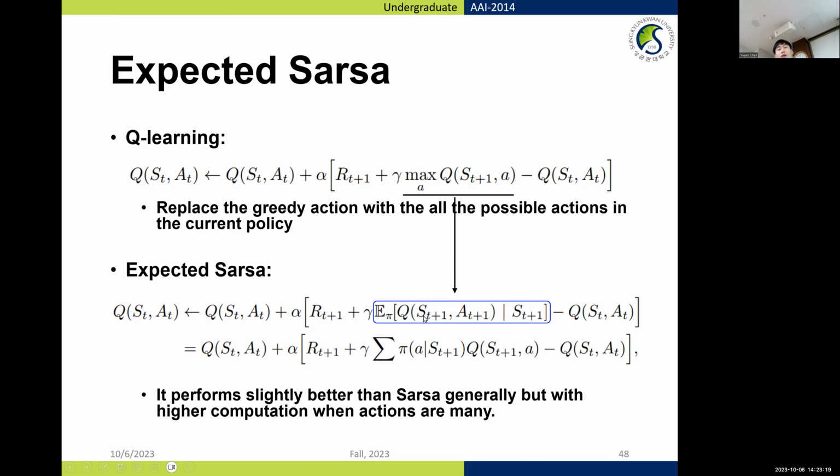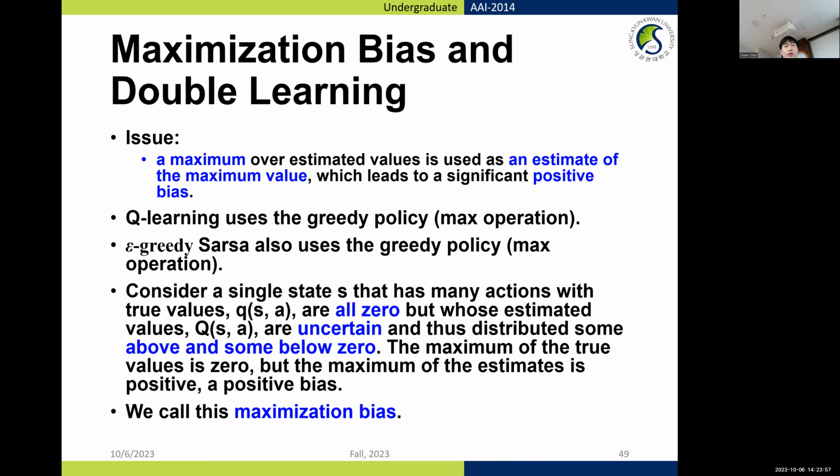We get the update from the action value function based on the policy pi, then we sum them together over all possible actions. It performs slightly better than SARSA generally, but with higher computation because of this summation operation. You need to consider more possibilities, more branches.